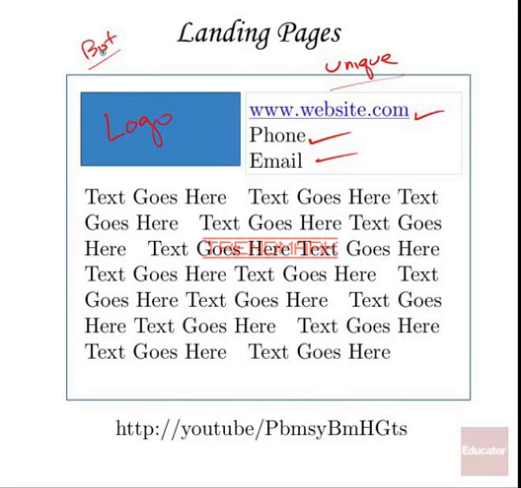So you may want to use different verbiage. You may want to put the contact information somewhere else on the page. It doesn't matter where. You may want to use audio or video. That's okay. Just make sure they're all different and unique.